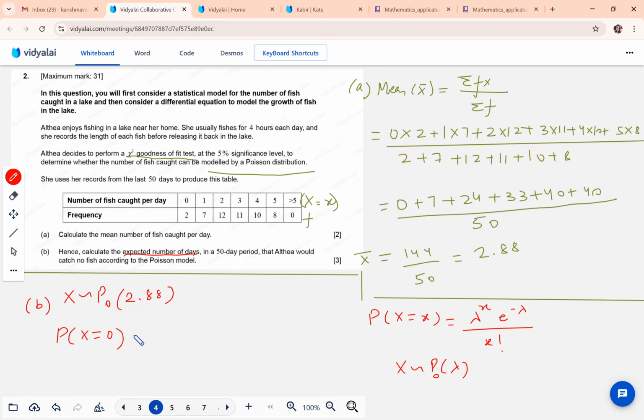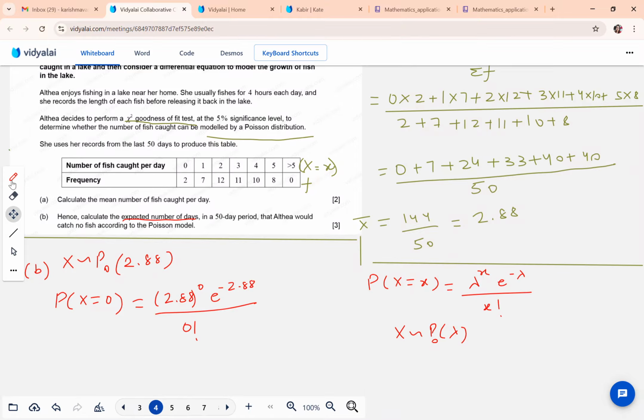Here lambda is 2.88 and x is 0, so you substitute that and get lambda to the power 0 e to the power minus lambda divided by 0 factorial. Anything to the power 0 is 1, and 0 factorial is also 1, so you are left with e to the power minus 2.88.